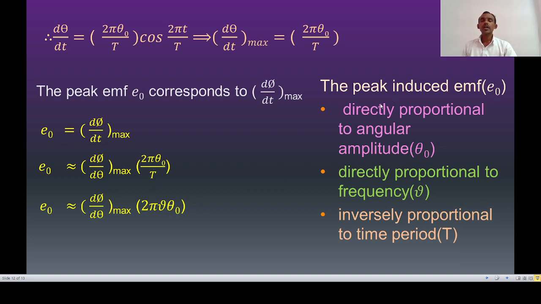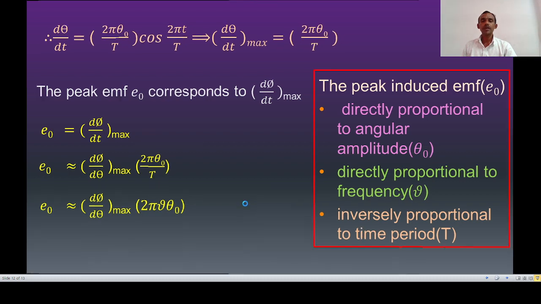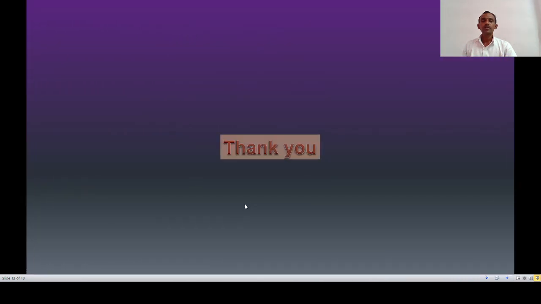Therefore we conclude that the peak value of induced EMF is directly proportional to the angular amplitude. It is also directly proportional to the frequency of oscillation, and it is inversely proportional to the time period of oscillation. Thank you.